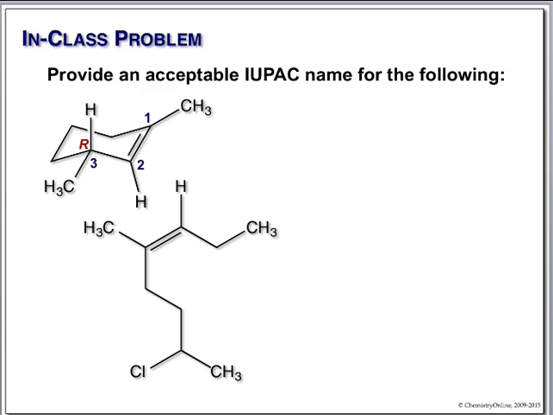All right, so we have a cyclohexene, a 1,3-dimethyl cyclohexene, and carbon 3 is R. We don't have to indicate that it's a 3R because this is the only chiral center in the molecule.